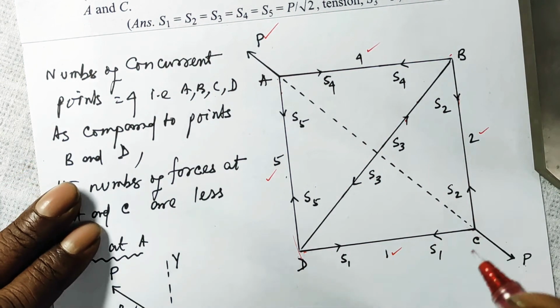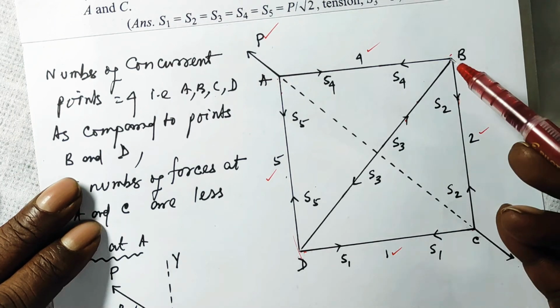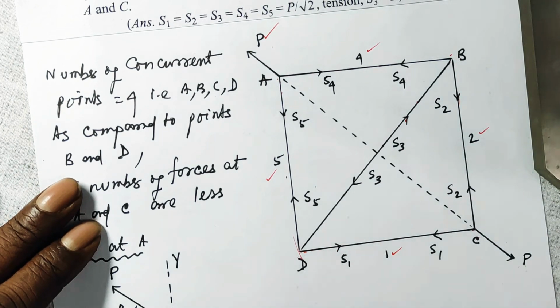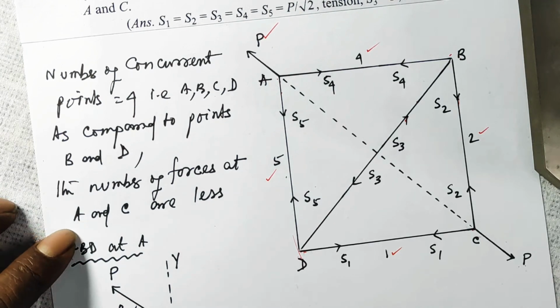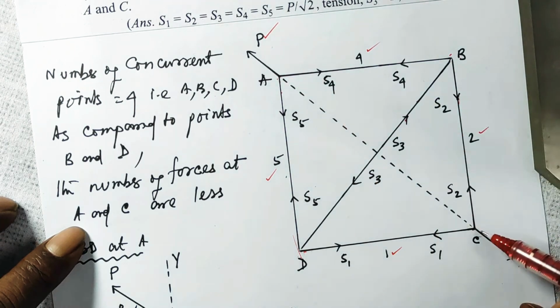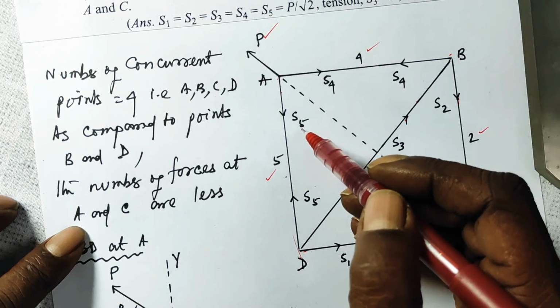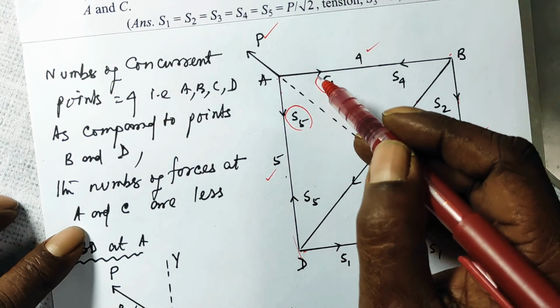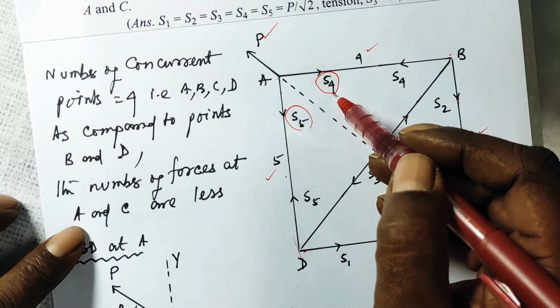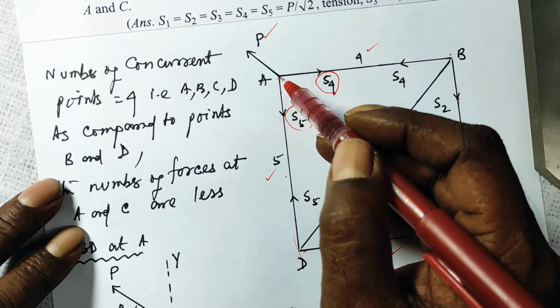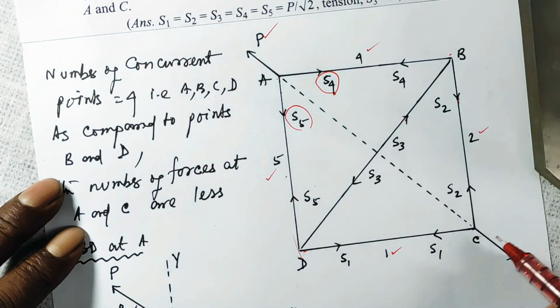If you look at points B and D, the number of forces at A and C are less. Initially, the only force at point A was P to this side, and the only force at point C was P to this side.